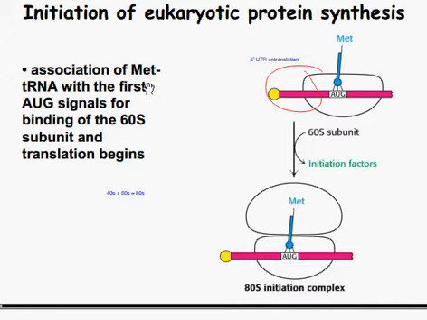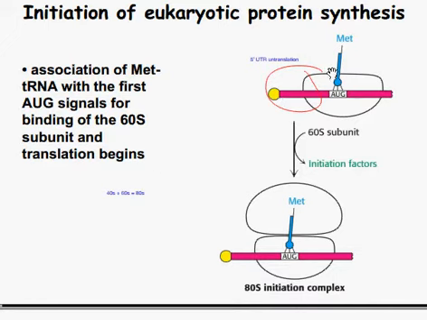Okay, so association of the methionyl tRNA with the first AUG signals for binding of the 60S subunit, and translation can begin. So this is the 5' UTR, which is the untranslated region of the mRNA.